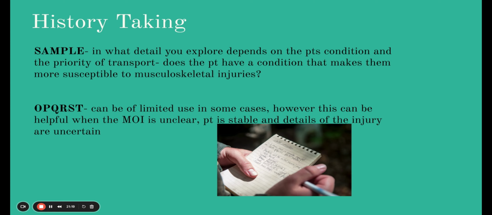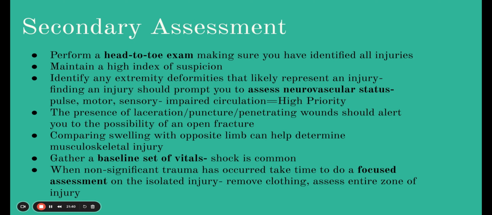However, if the mechanism is unclear and the patient is stable enough to gain details of the injury, you can gather details from bystanders, family members, nursing home staff, if the details of the injury are uncertain, because that can happen. Then you want to move on to your secondary assessment.